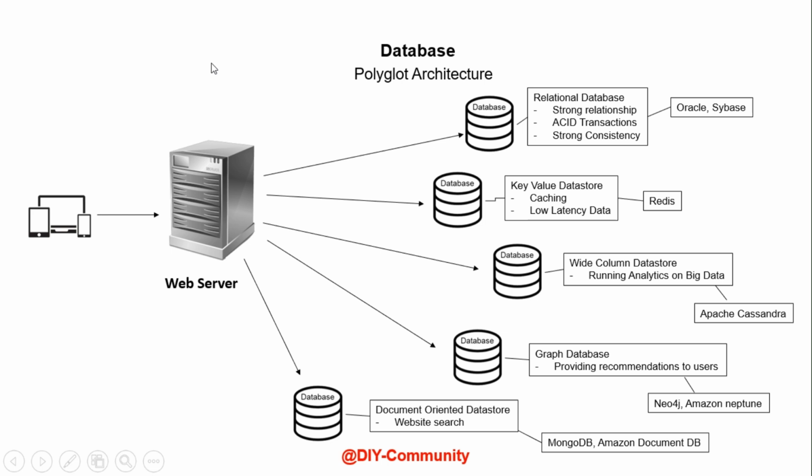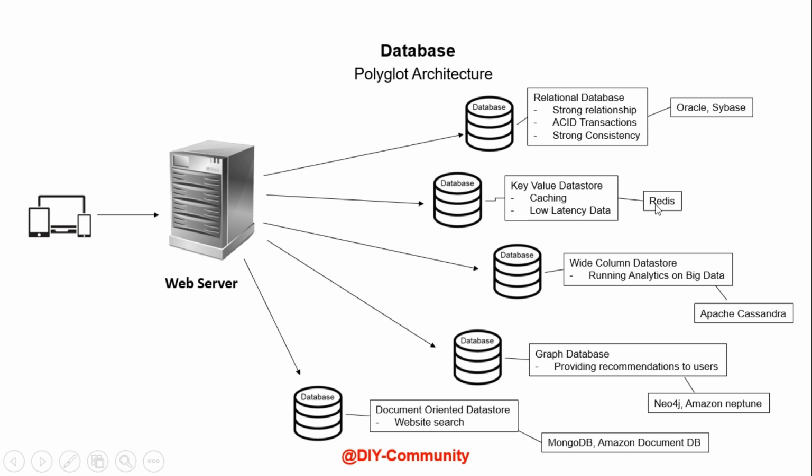For example, in this particular case scenario, if you are creating a social media kind of application, you can use a relational database like Oracle or Sybase or MySQL, etc., to store tables or data where a strong relationship is expected, consistency is expected, and ACID transactions are expected.